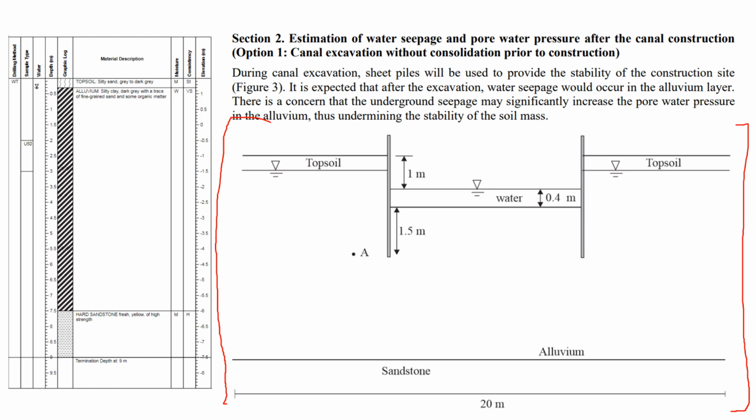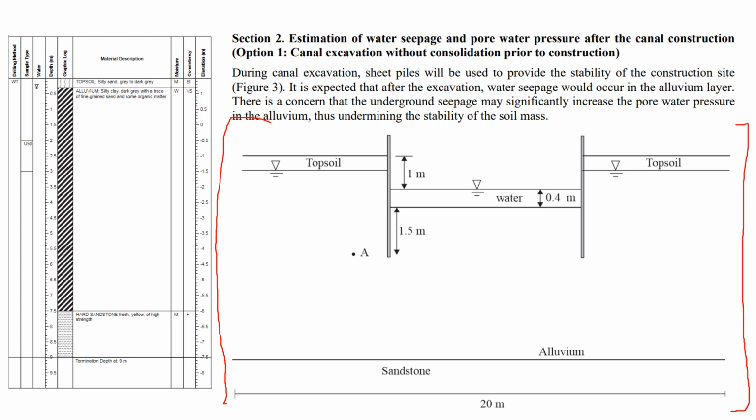I think probably the best thing is to print out this page and draw the flow net on the paper, then scan it and attach it to your report. You can also use software and draw on this file that you're provided. It's up to you, but it should be clear.